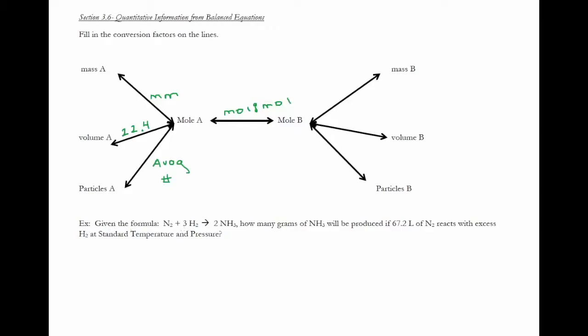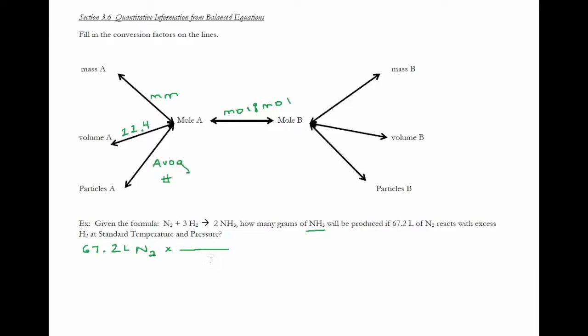Here it says, given the formula, nitrogen reacts with hydrogen to produce ammonia. How many grams of ammonia will be produced if 67.2 liters of nitrogen reacts with excess hydrogen at standard temperature and pressure? So our given here is 67.2 liters of nitrogen gas. I'm going to first get into moles of nitrogen gas, because then I can get into moles of ammonia.